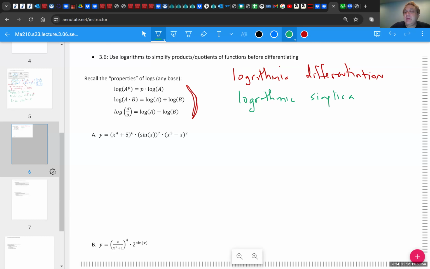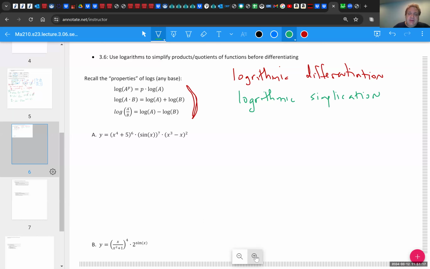What we're just doing is we're using the logs to simplify the function before we differentiate it. So we're not really doing any derivatives with the logs. We're using logs in a very strategic way to simplify before we do a derivative. So let me show you that a little bit more. It'll make more sense when I show you a couple of examples of this.